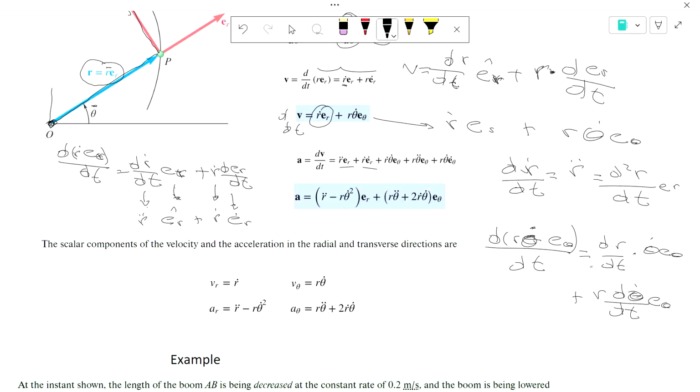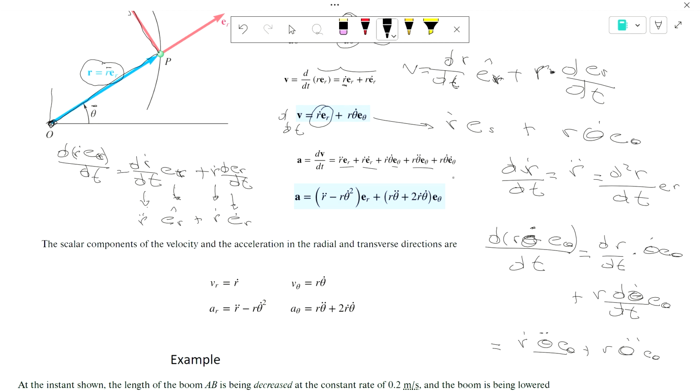Okay, cool. So this guy again is r dot, this one is theta double dot e_theta, which is this, and then this one is plus r theta double dot e_theta. There you go, right here.